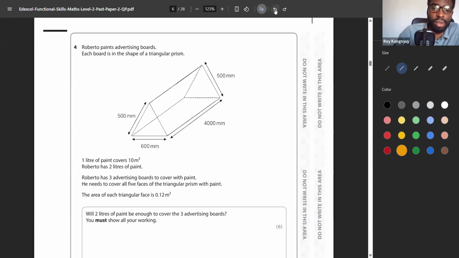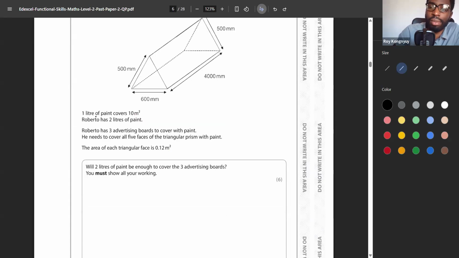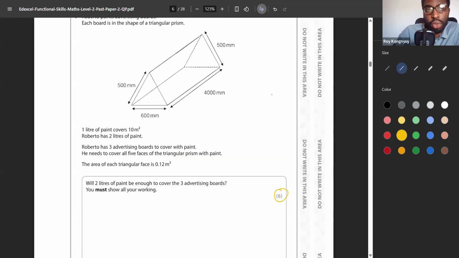Good question. Well, simple question, just many steps. So loads and loads of marks. We can start by noticing that if 1 liter covers 10 meters squared, 2 liters would cover 20 meters squared.